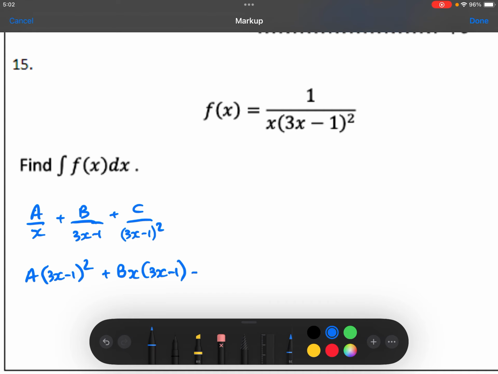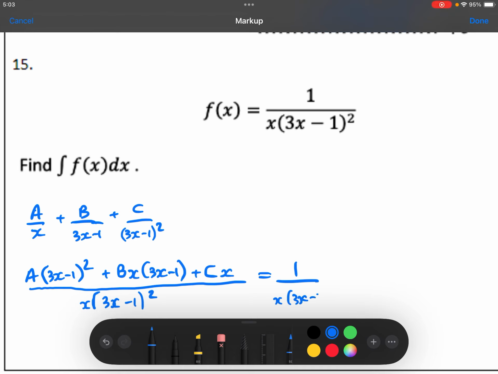And the c is already over the 3x minus 1 squared, so that just needs to be multiplied by the x. So we've then got our common denominator, which is going to allow us to compare both sides.